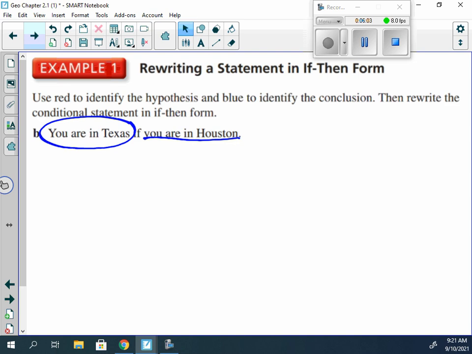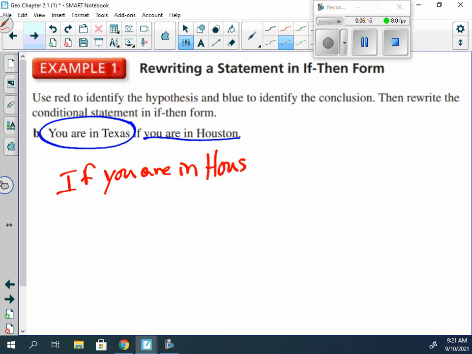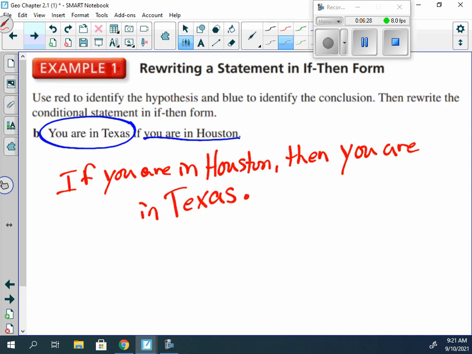Yeah, kind of gave it away. Well, kind of helped us. If you are in Houston, then you are in Texas.